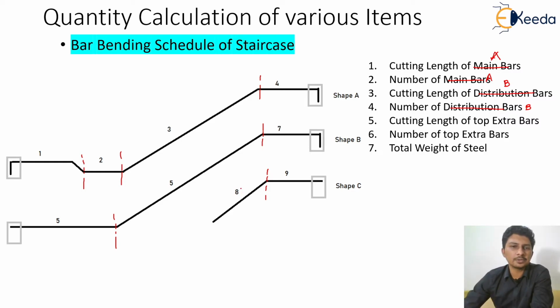In total there are 9 types of shapes, and based on those 9 types of shapes you calculate the quantity, out of which only 8 is already given to us, and this is given to be L by 7. All other things we need to calculate.